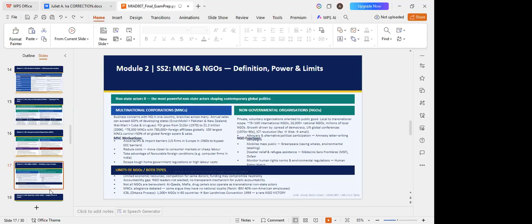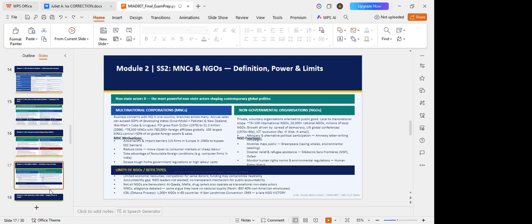Number four, they serve as policy advocacy and agenda setting.